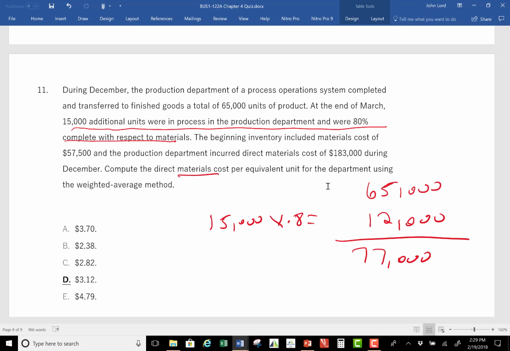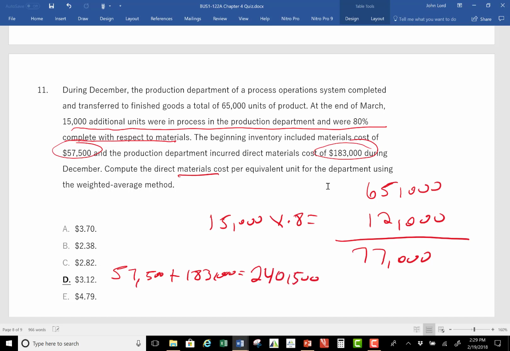Okay, now what do I do? You're going to pick up the cost both that were added and those in beginning. So 57,500 plus 183,000 gives me a total of 240,500.